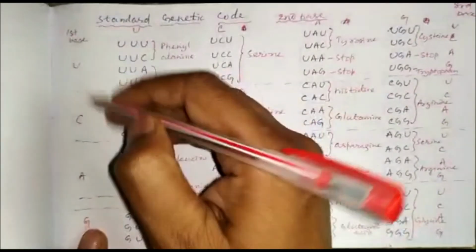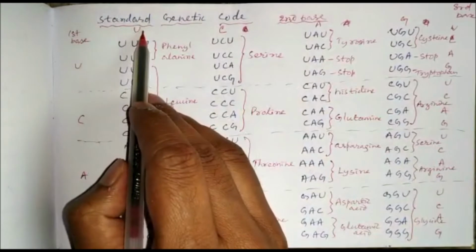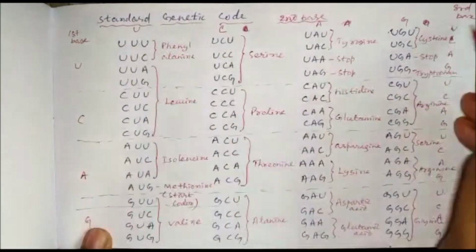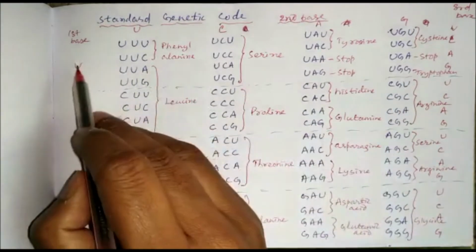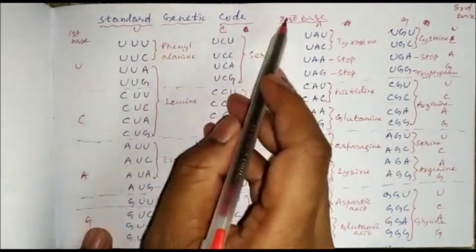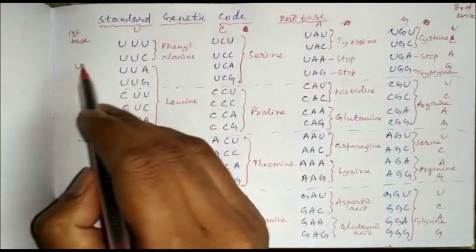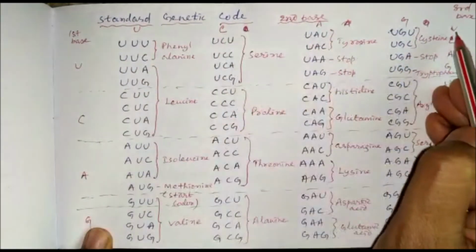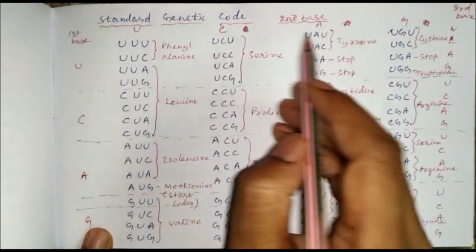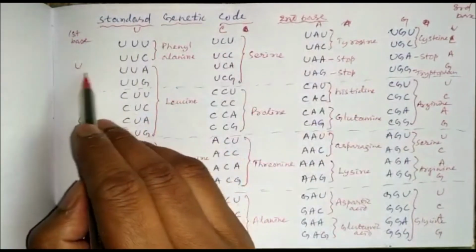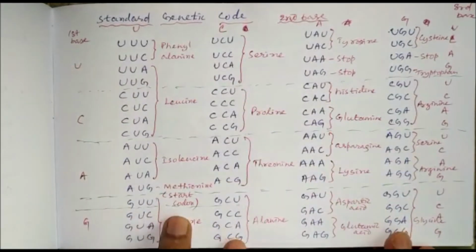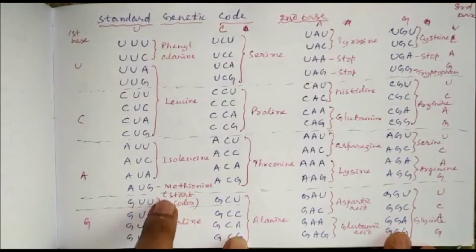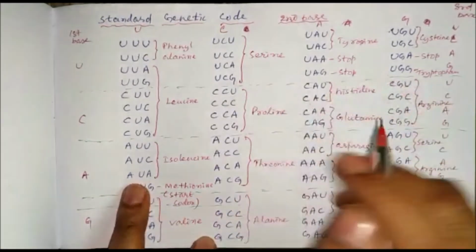You can see the first base U, second base U, third base U. Here we have written UCAG, UCAG, UCAG like that. First base, second base, third base: UUU, UUC, UUA, UUG, and accordingly if we prepare this list of codons, we will get 64 codons.